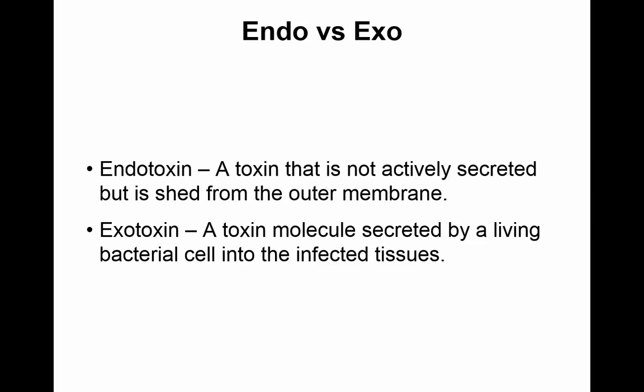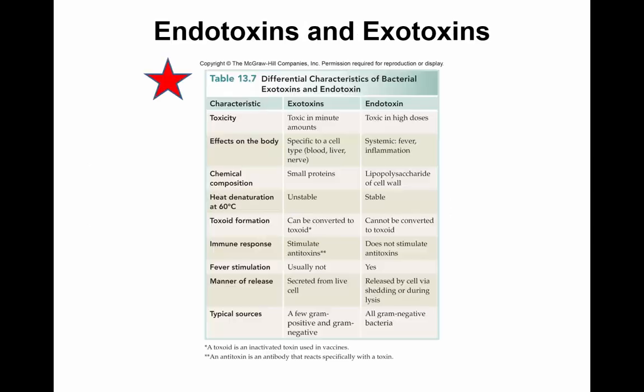Endotoxin is not. It's just shed from the outer membrane. And here you see on page 367 in the 13.7 table, in the new book it's 13.8, the different characteristics of some of the exotoxins and endotoxins that you'll want to look over.